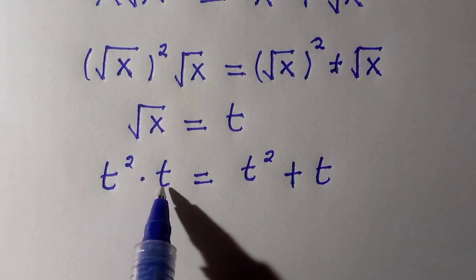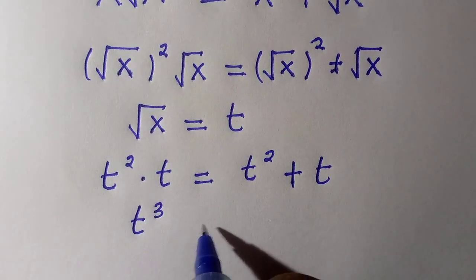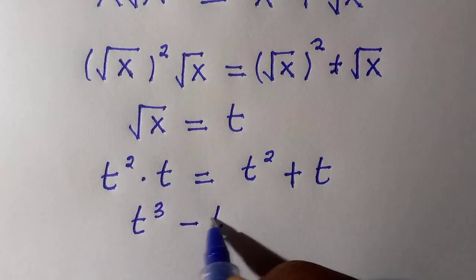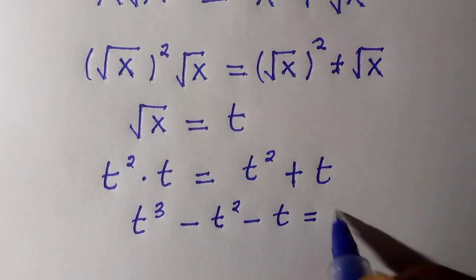So when t squared multiply t, we have t raised to power 3, and we take all these things to this left hand side. We have t cubed minus t squared minus t equals 0.